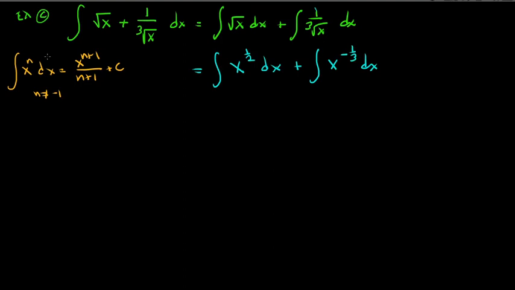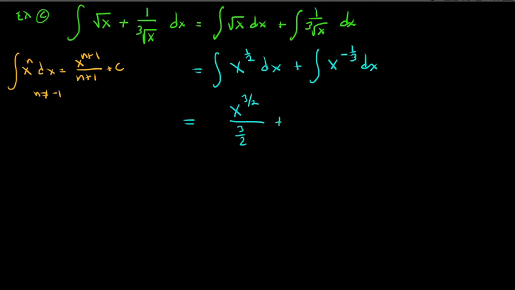So now we just apply the power rule. Here, n is 1/2, so 1/2 plus 1 is 1.5, or 3 over 2, divided by 3 over 2. Plus c, but we'll take care of that at the end.